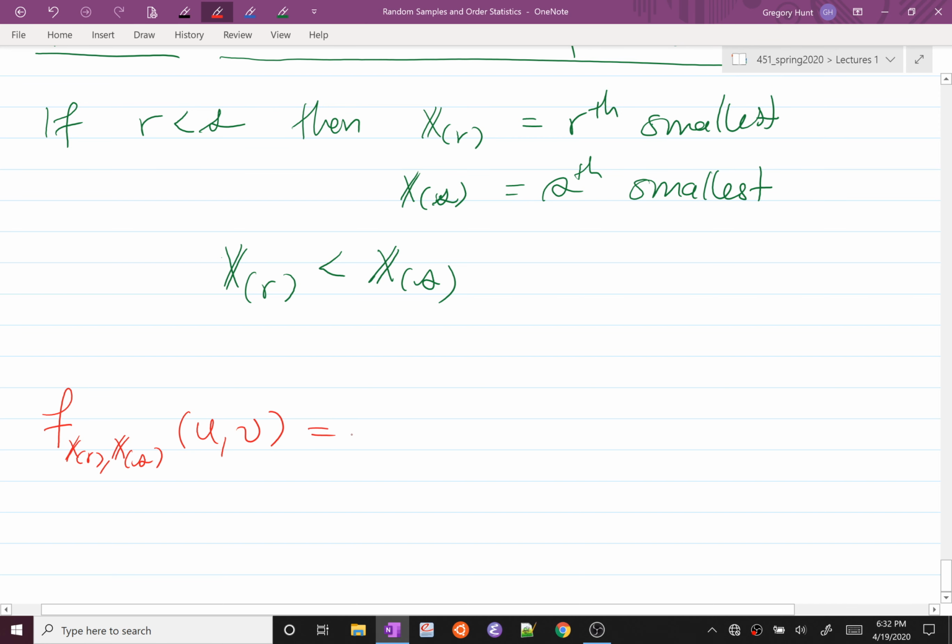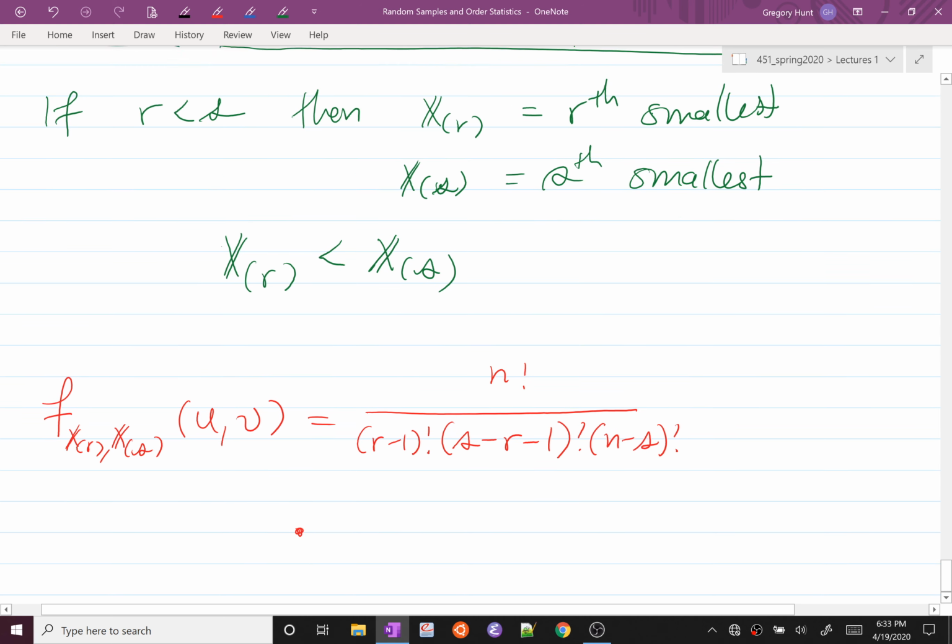If we ask for the joint distribution of these, the formula is even more fun than last time. It is n factorial divided by r minus 1 factorial, s minus r minus 1 factorial, n minus s factorial. So that's the constant out front.